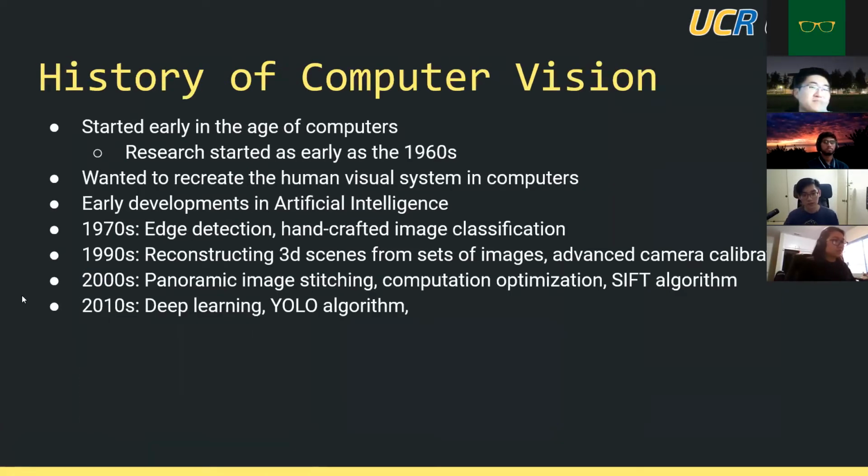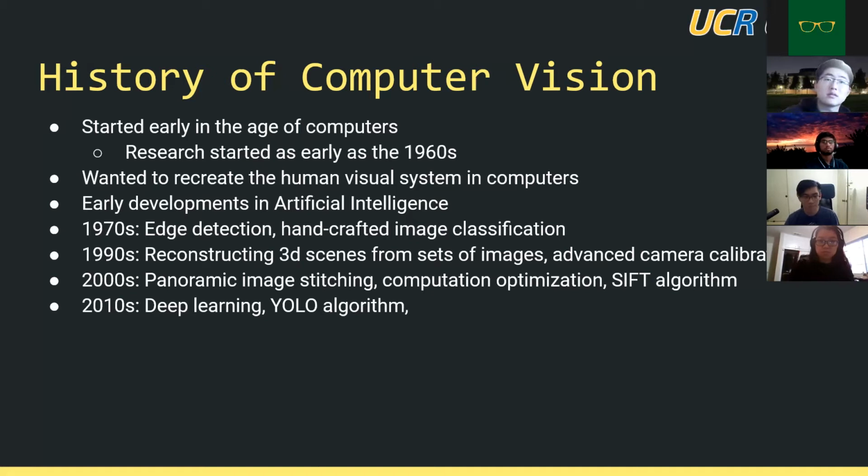So the history of computer vision. Despite what it sounds like, it's actually a really old technology, albeit a lot better than it used to be. The idea of computer vision started around the same time that modern computers started to be developed. So people were wondering, hey, can we create a computer or an artificial intelligence that's simulating the visual system of a human, and they were trying to do that up until now, and they're getting fairly confident with this.